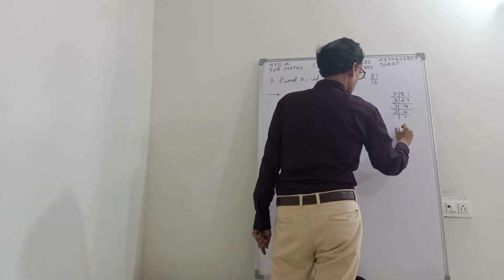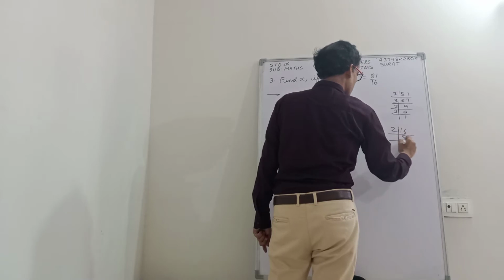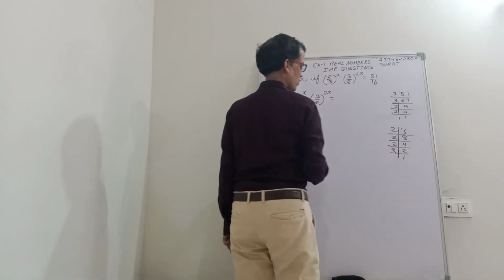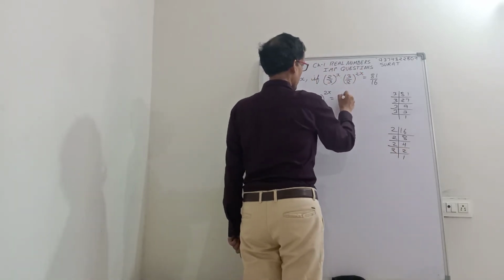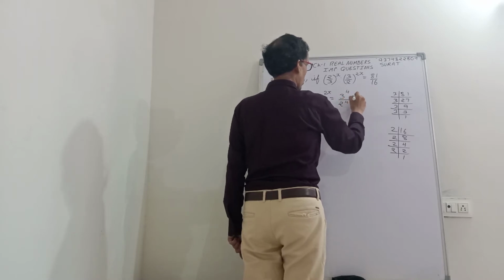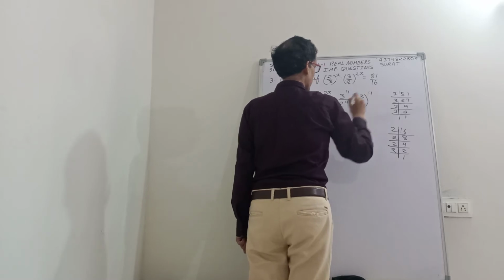Do the factorization of 16: 2 8s are 16, 2 4s are 8, 2 2s are 4, 2 1s are 2. So this becomes 3 power 4 over 2 power 4, or we can say 3 by 2 power 4.